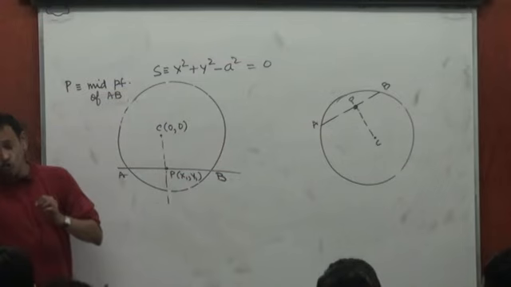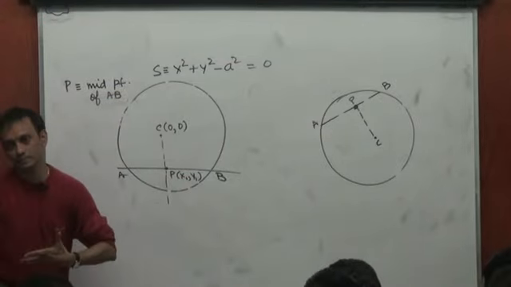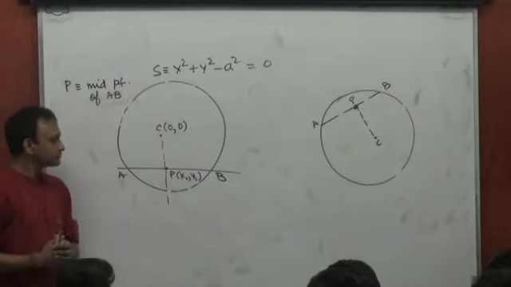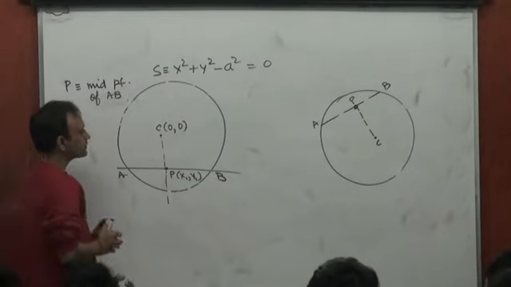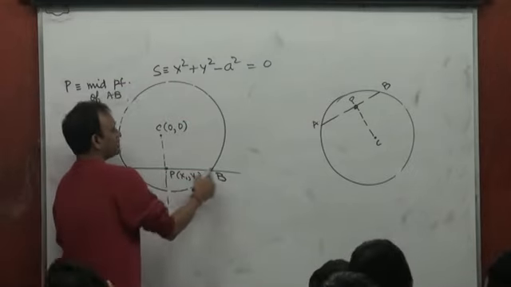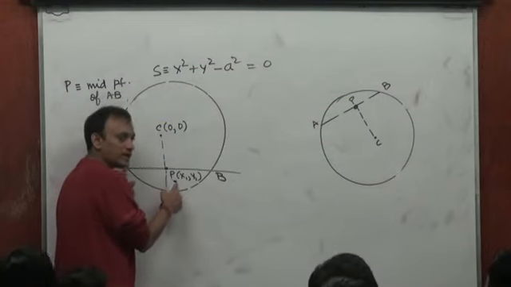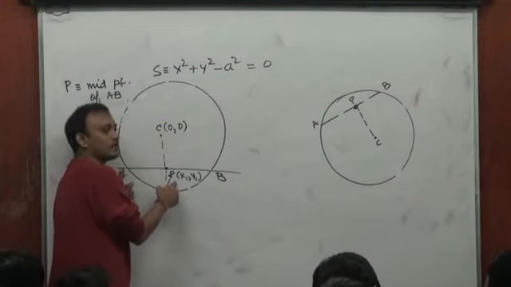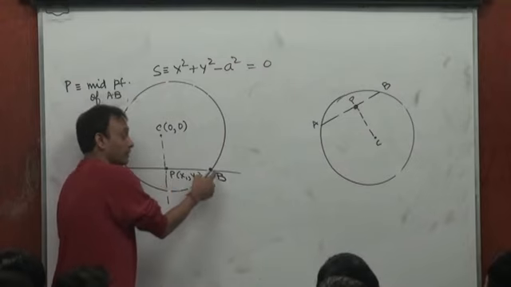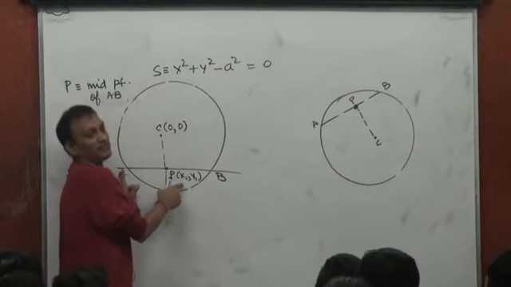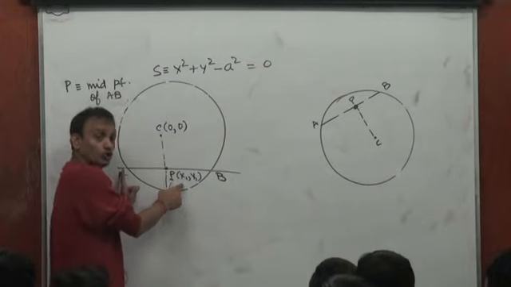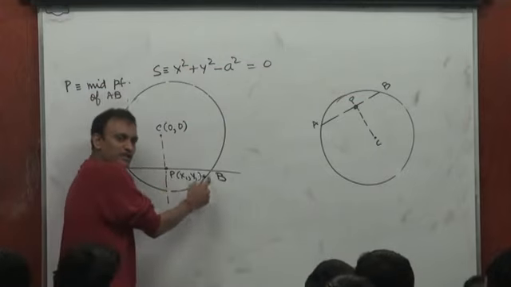For every P, there is a unique AB whose midpoint is P. Now, my next objective is to find the equation of the chord whose midpoint is the point x1, y1.